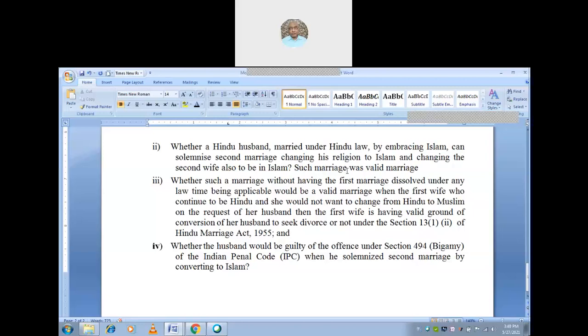Number two, if he changes the religion without her consent, for marrying another lady by changing her also to Islam, then the second lady, who is also a Hindu and perhaps in this case a divorcee having two children.